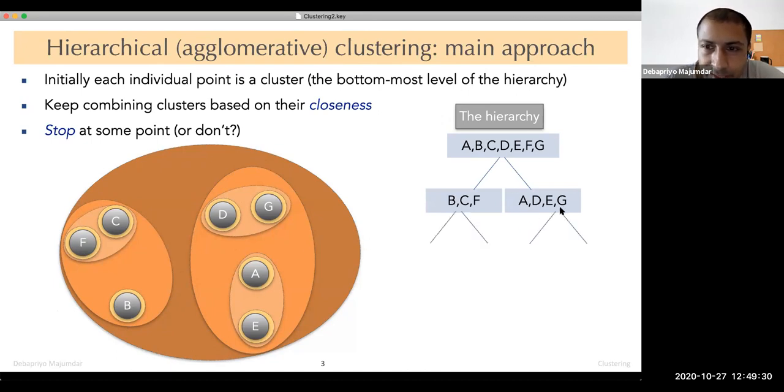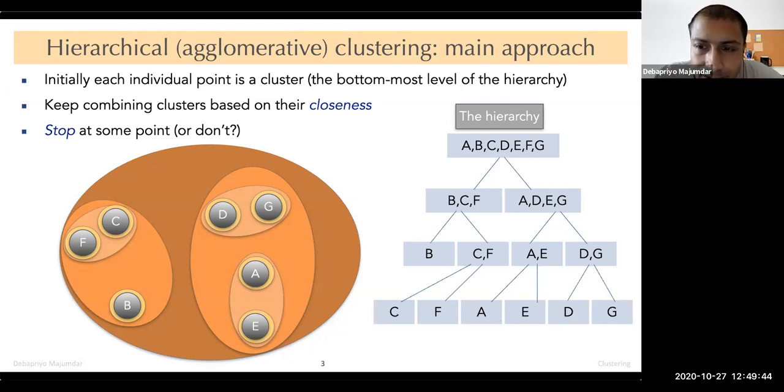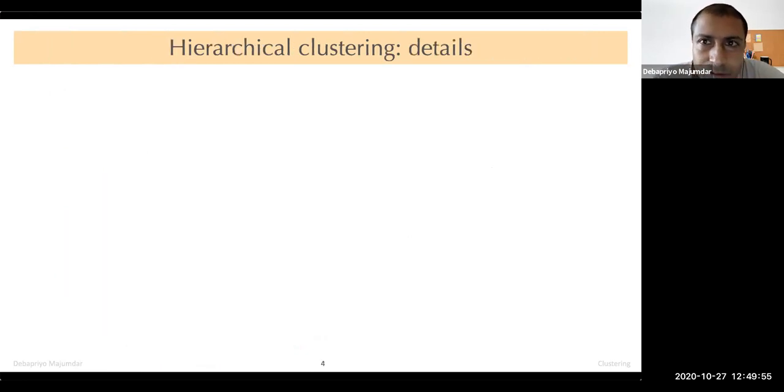Then BCF gets separated into B and CF, and AEDG gets separated into AE and DG, and B is already a single point, and then you can further divide them. So this is the hierarchy, right? Now you can stop at any level where you decide, okay, this is what I want to take.